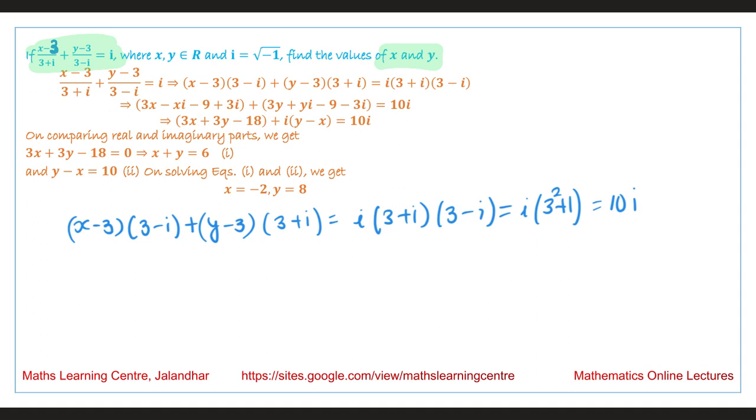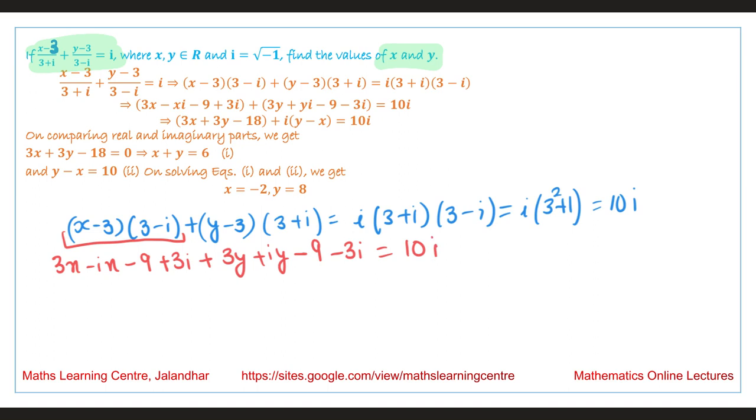And if we multiply the terms, we get 3x minus ix minus 9 plus 3i. Then it is 3y plus iy minus 9 minus 3i, that is equal to 10i. So this 3i gets cancelled.